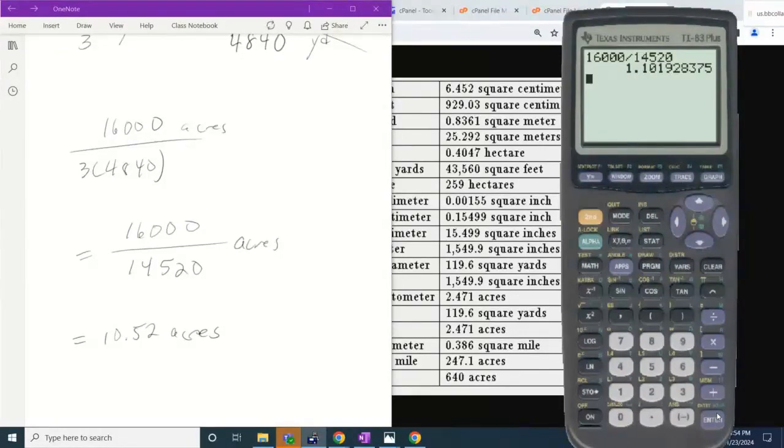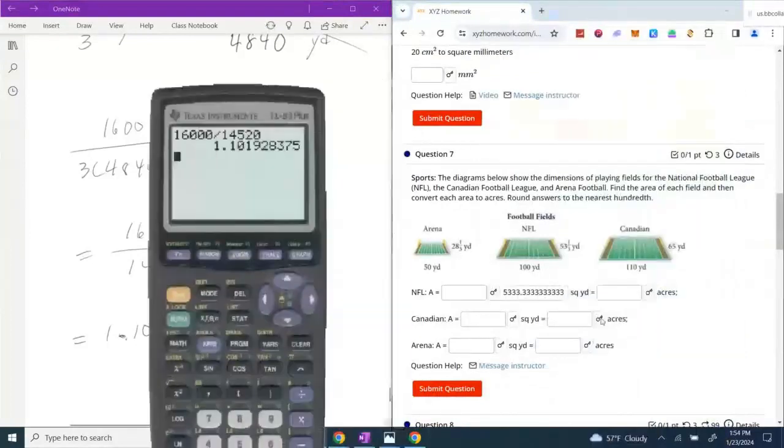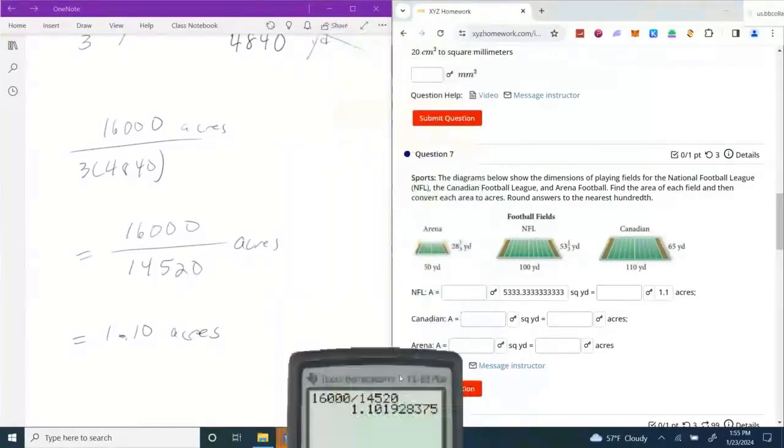Okay, and we get 1.10. It'll tell us how we want it. Okay, we get 1.1 acres. So it wants to round to the nearest tenths. Any questions about the first one?